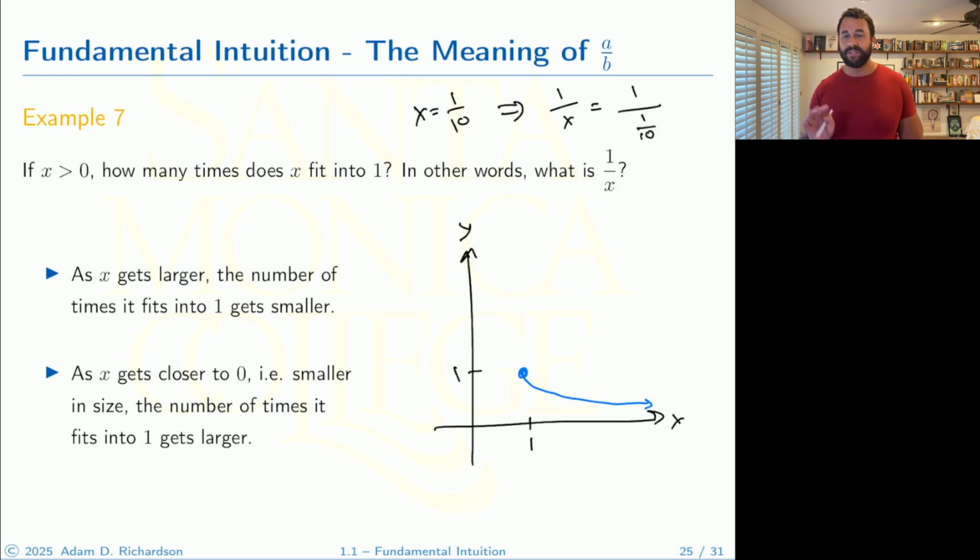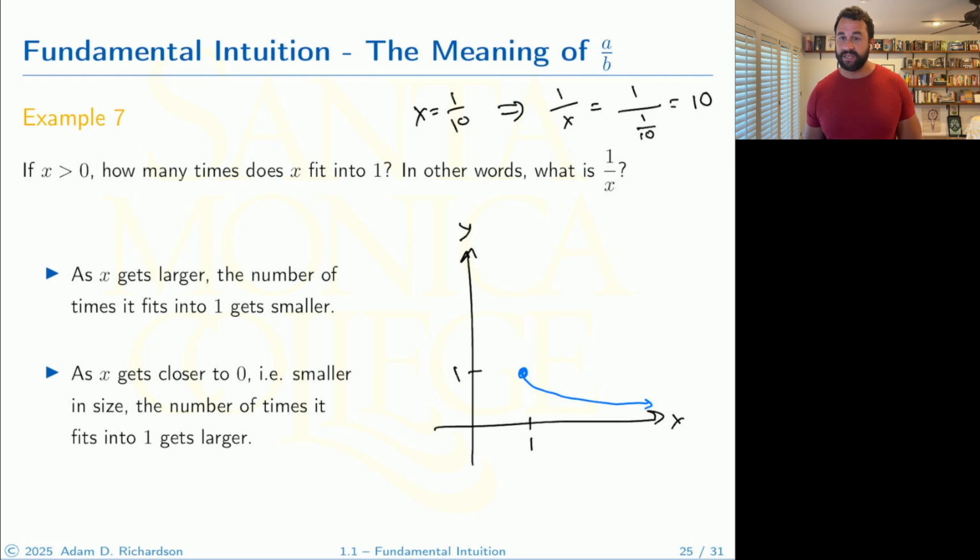That's okay. That's a normal reaction. But remember what that symbol means. It just means how many times does 1/10 fit inside of one? Well, if it's 1/10, then I can fit 10 of those inside of one, and that will make a one, right? So 1 over 1/10 is equal to 10.